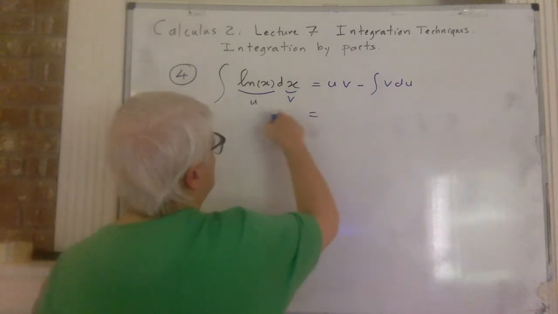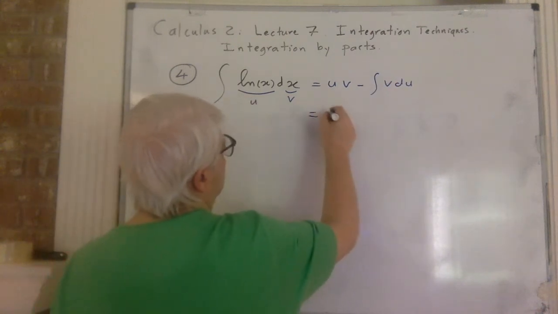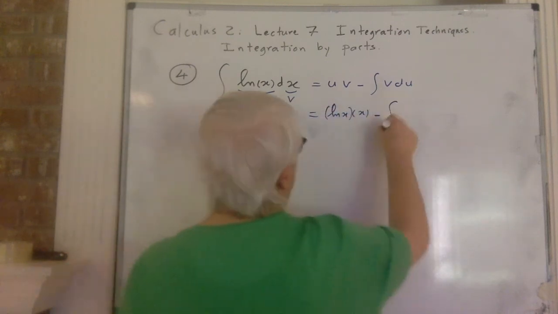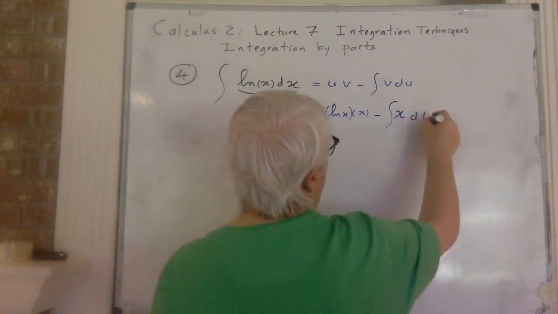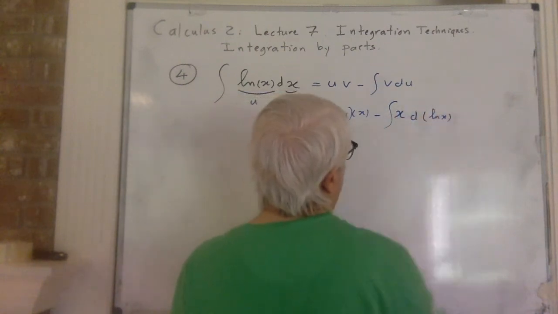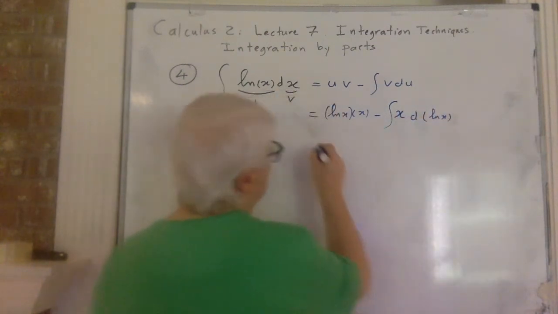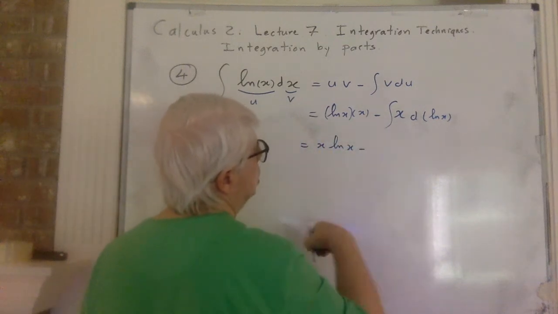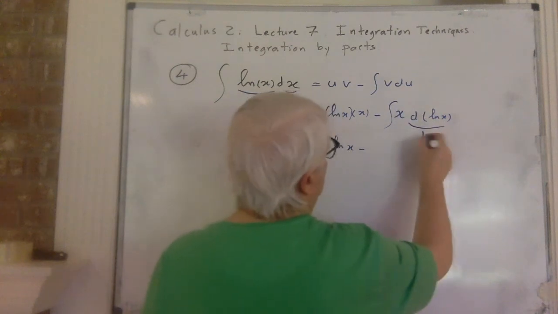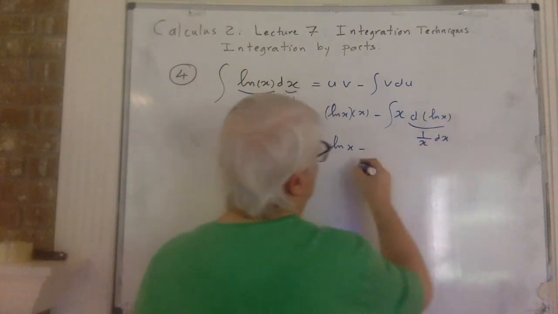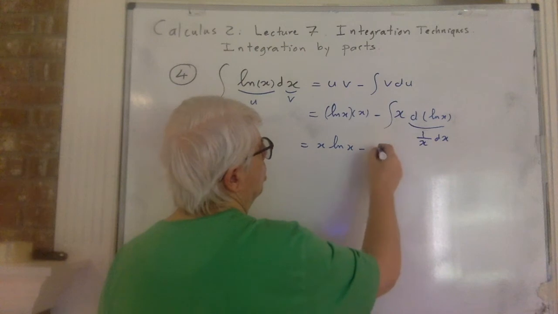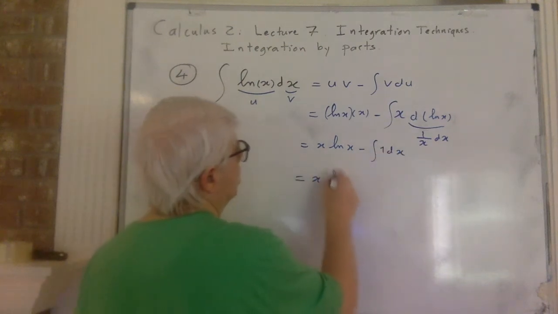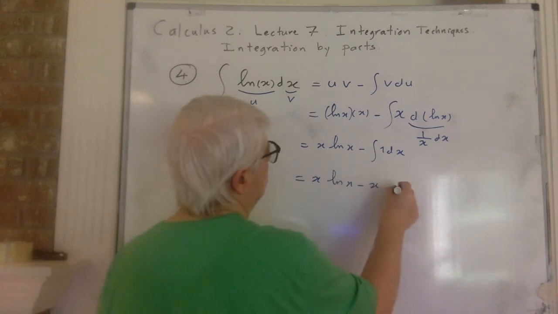So that is u dv, so that's x ln x minus integral x d of ln x. So that is x ln x minus, what is d of ln x? That's 1 over x dx, minus integral 1 dx. So it's x ln x minus x plus a constant.